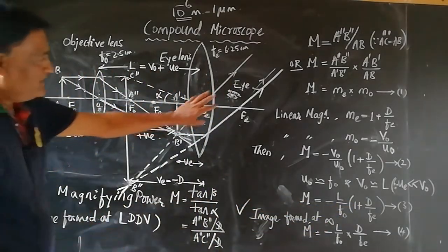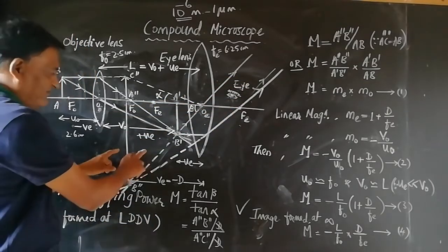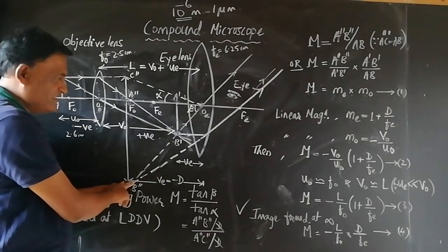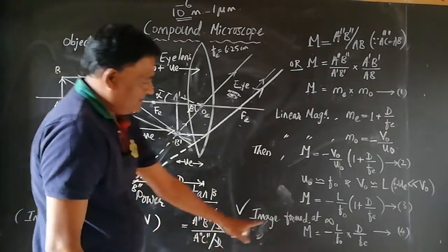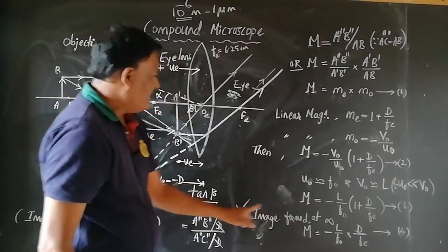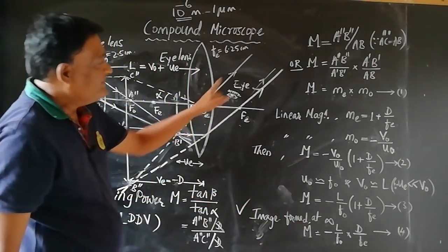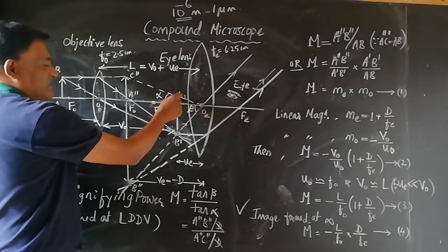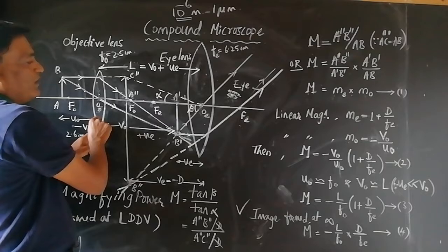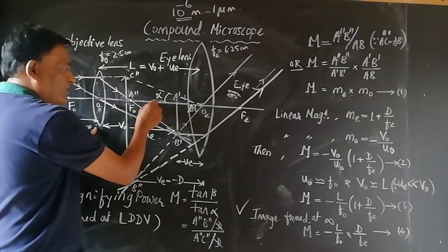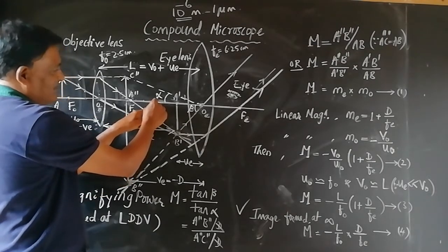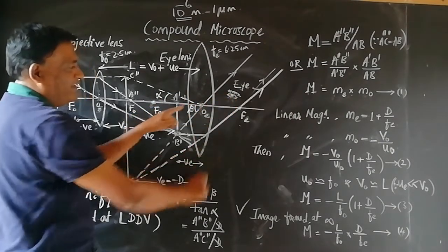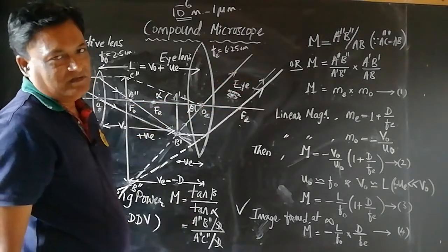That is possible only when the image A dash B dash formed due to the objective lens is made to fall at the principal focus of the eye lens with the help of the rack and pinion arrangement by the observer.